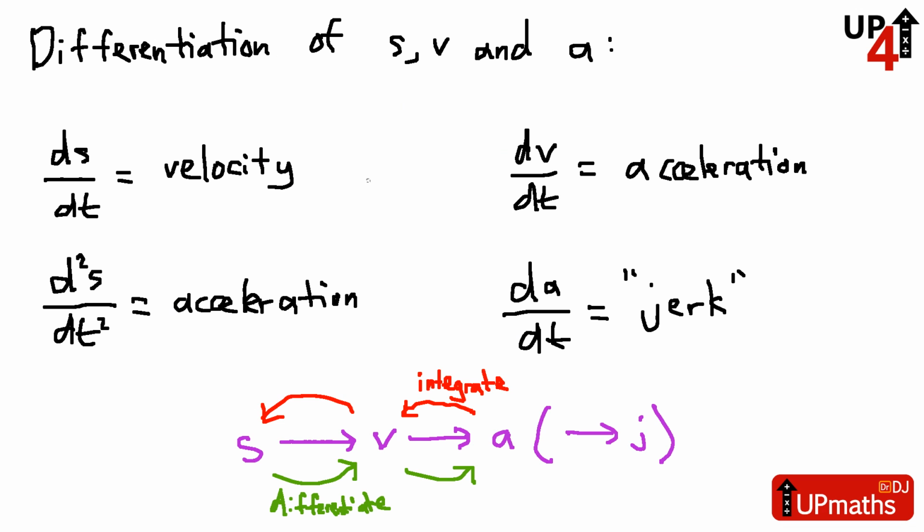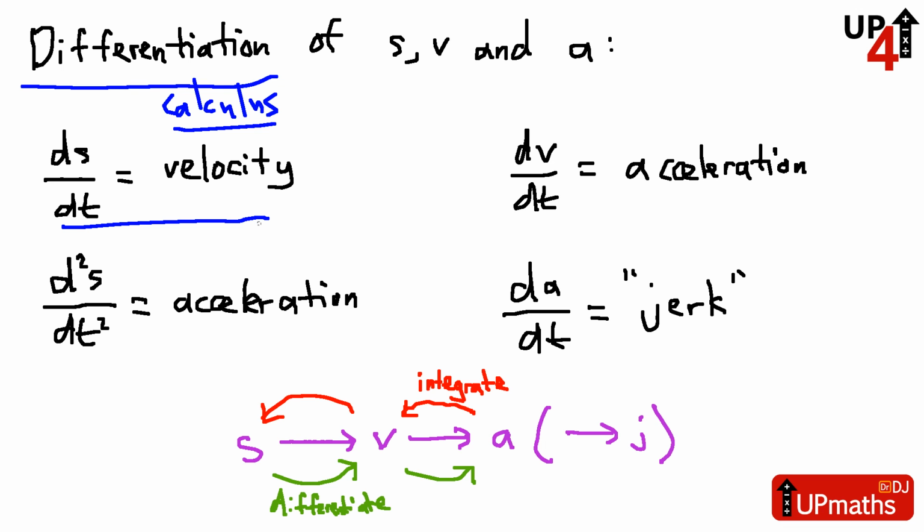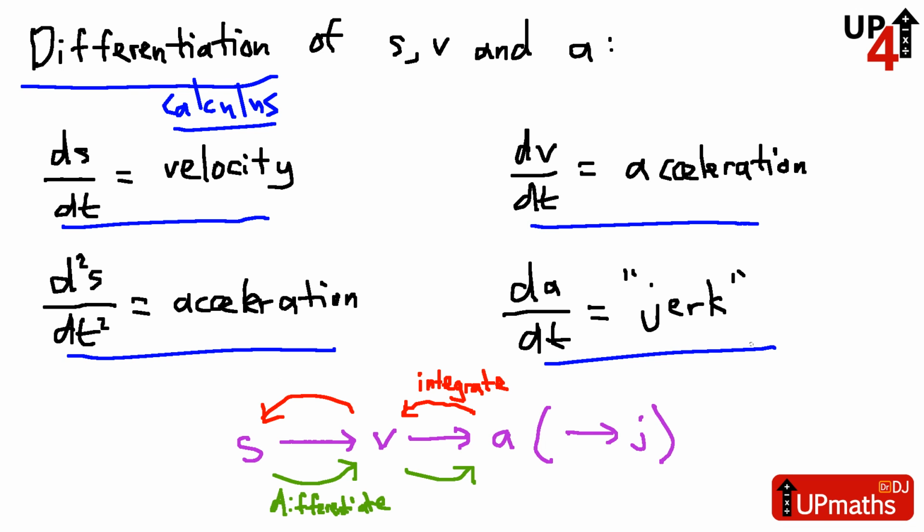In case you have to cover this, differentiation or calculus. Hopefully you're learning calculus from somewhere else if you're then having to use it here. So here's just some basics. ds/dt, that's velocity. d2s/dt squared, that's acceleration. dv/dt, that's also acceleration, kind of obviously. In case you're wondering, the differential of acceleration with respect to time is called jerk.